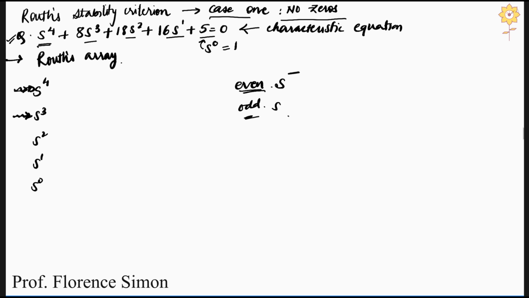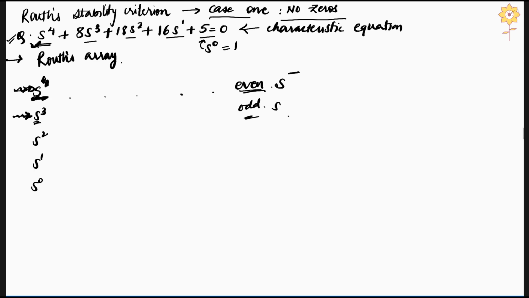We will be observing this particular term over here. Why did we start with s raised to 4? Because in the characteristic equation, the highest power of s is 4. So, 4 is an even number, hence we will be filling all the numbers which are multiplied with s that has an even power, and here we will be writing odd. I hope that is clear.